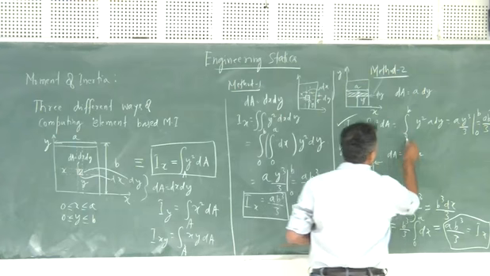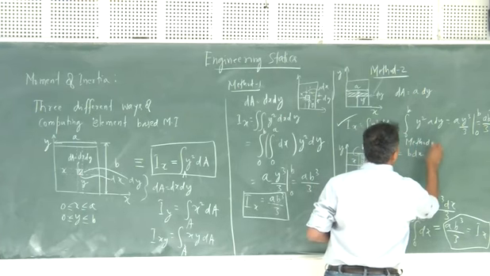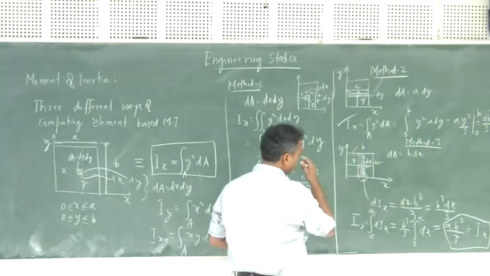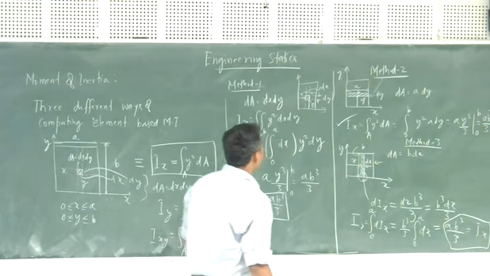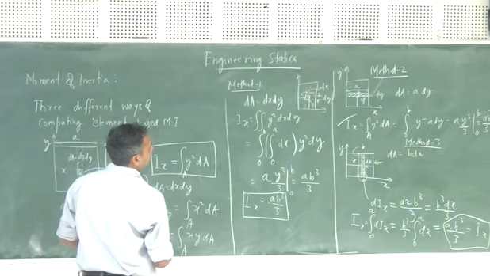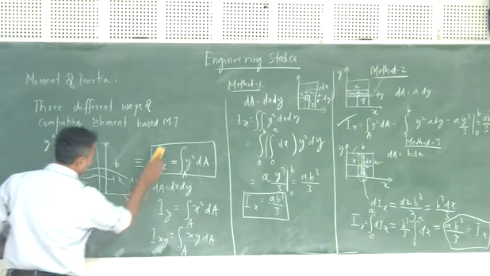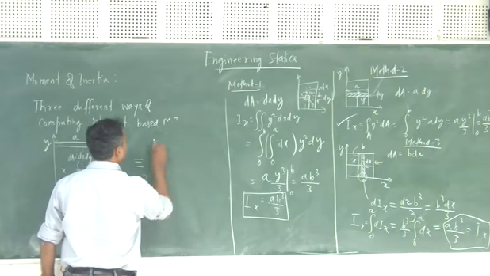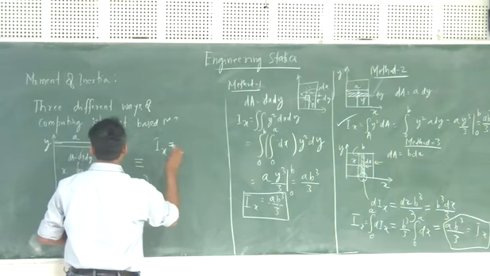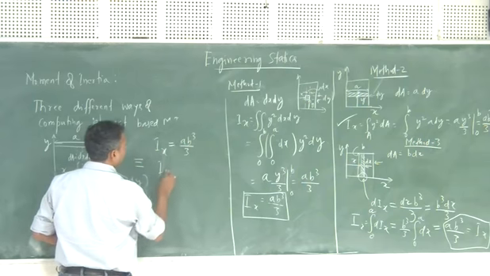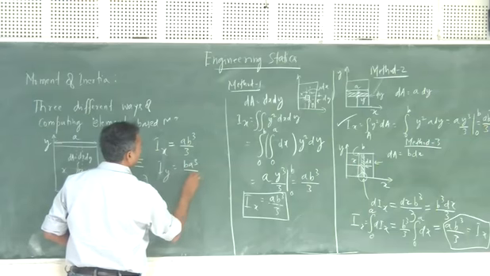Then there is method number 3, in which our element is the vertical strip. If you find Iy, similarly you get Iy equal to ba cubed by 3, as Ix was found as ab cubed by 3.